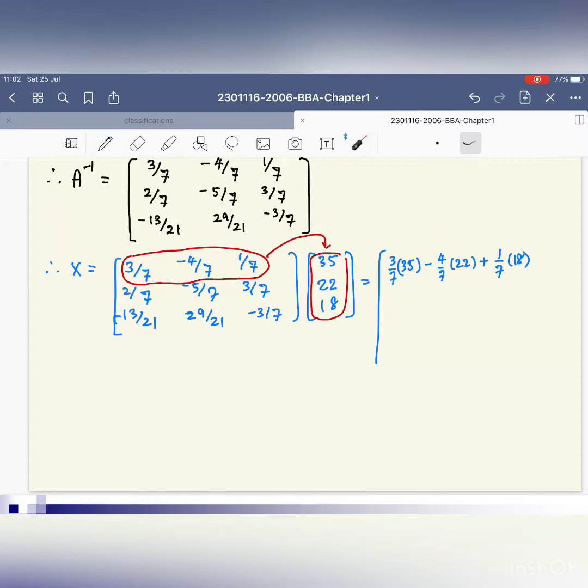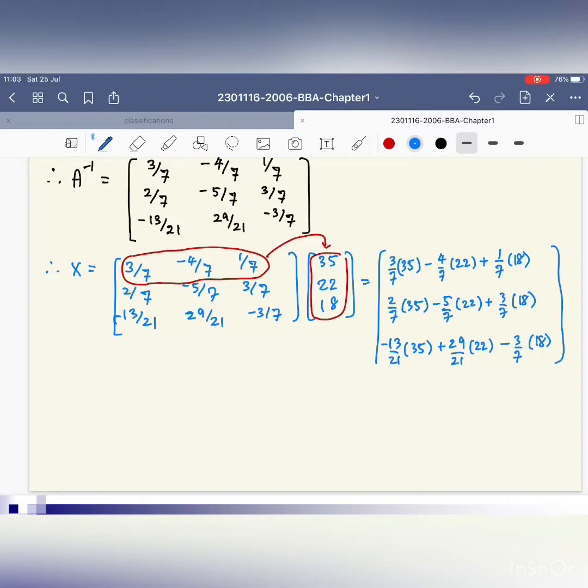The second row, you have 2 over 7 and 35, 5 over 7 and 22, and 3 over 7 and 18. And the last one here is negative 13 over 21 with 35, and 29 over 21 with 22, and 3 over 7 with 18. And then you really need to calculate it out.